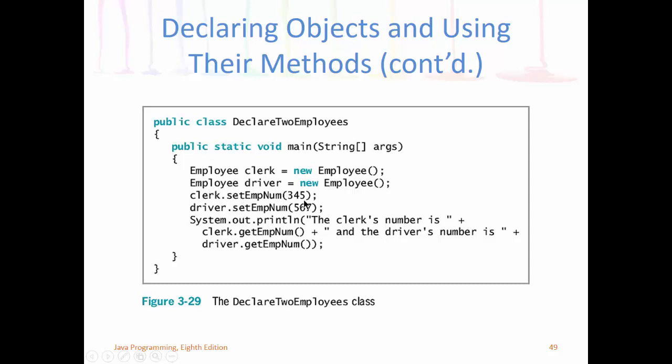It's got a method built in to set its number, as does driver. And then using the get statement, this whole statement here, we can pull the information back, and in this case output it to the screen. And some of the stuff you're going to be doing in your homework is basically just that. You're going to do what I would call fairly rudimentary object creation, data retrieval, and manipulation. It's really more to get used to the syntax.